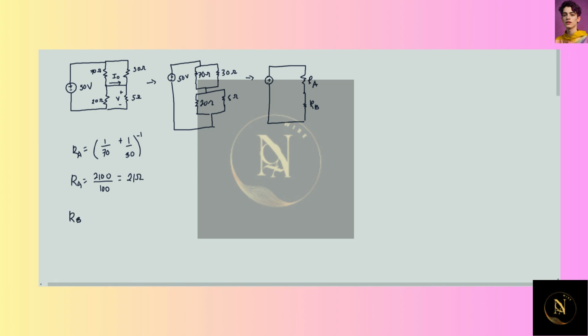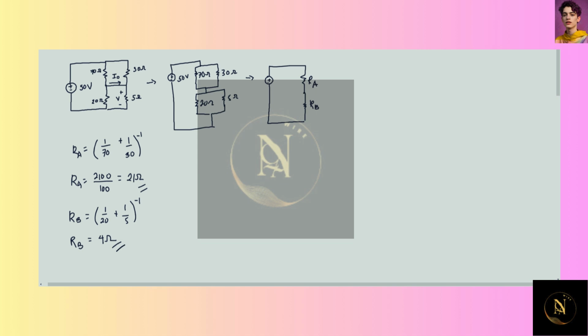Rb, on the other hand, is equal to (1/20 + 1/5) raised to negative 1, or equal to 4 ohms.